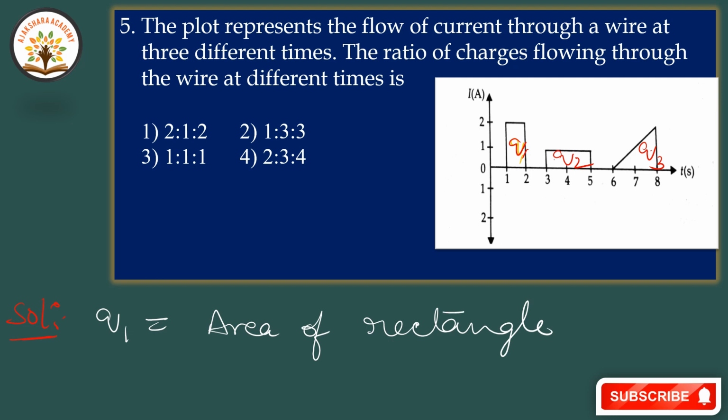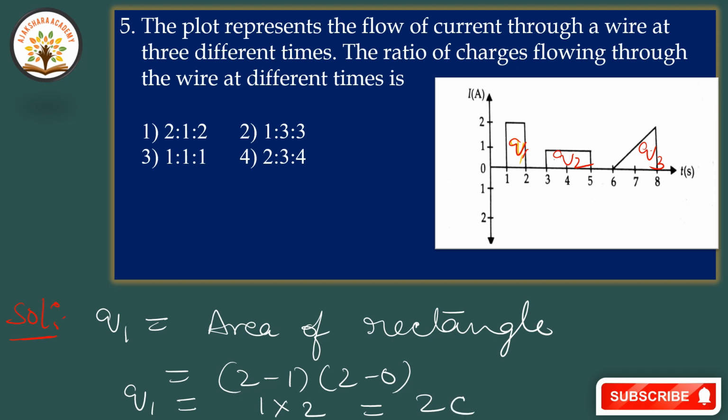So that is equal to 2 minus 1 into 2 minus 0. So q1 is equal to 1 into 2, so 2 coulombs.